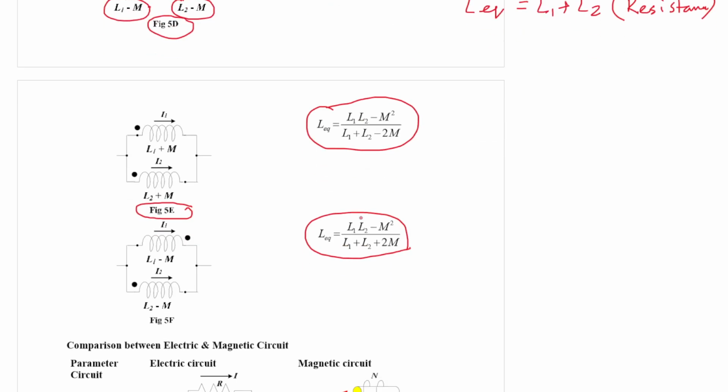Similarly, if you consider M equal to 0, that means no mutual coupling, you will find that the equivalent inductance is simply given by the formula L1 L2 divided by L1 plus L2. We have exactly this result as we have seen in case of a resistance. So resistance and inductance equivalent calculation is similar.